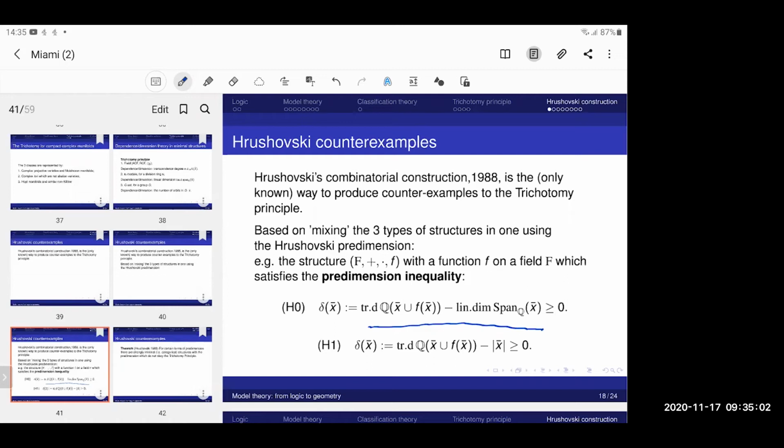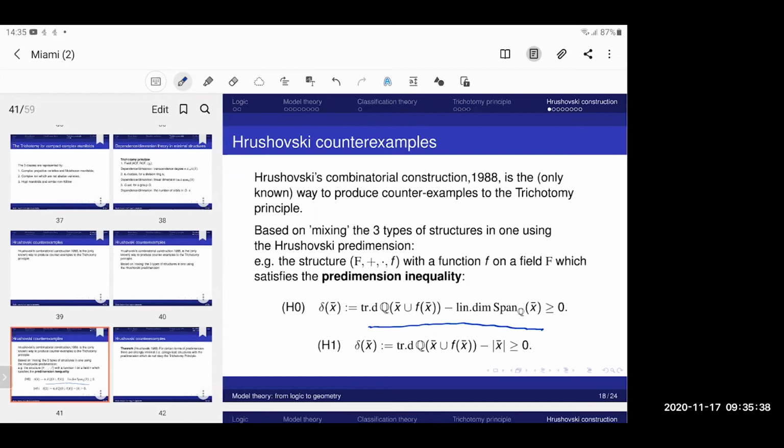You want this function, in order for the structure with this new function to be strongly minimal, to be chosen in a very special way. And so Hrushovski's idea was that this function should satisfy a certain kind of pre-dimension inequality, and then you put this combination of dimensions.